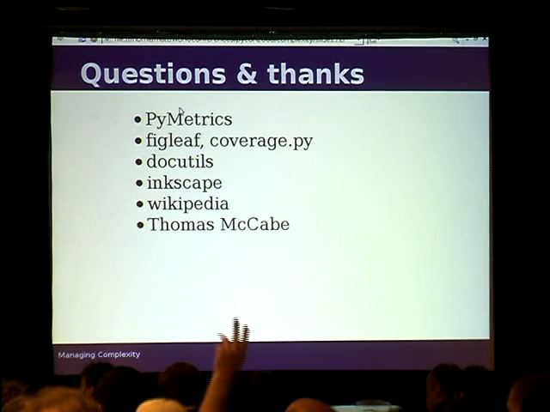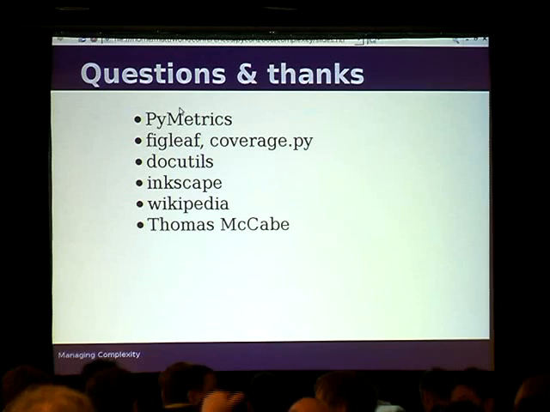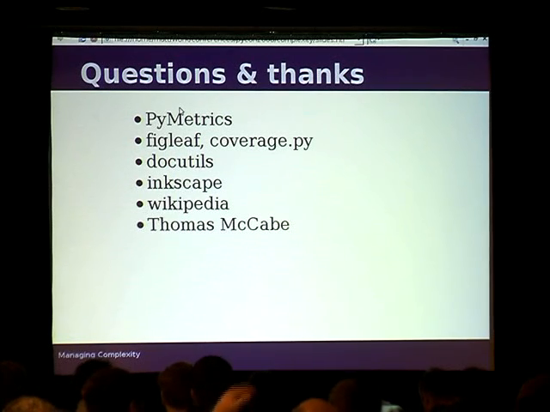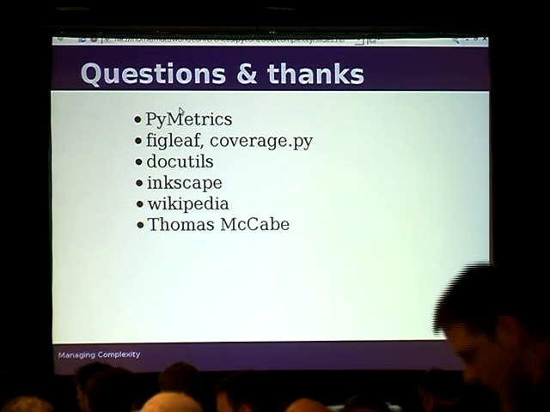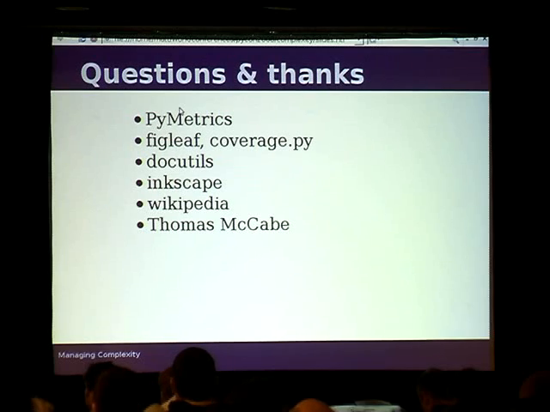We've got time for a couple of questions. Okay, so I think the question was, if you refactor and you pull out code, you're pushing down the complexity, you're lowering the complexity, how does that help you?